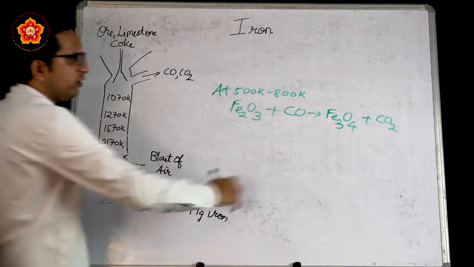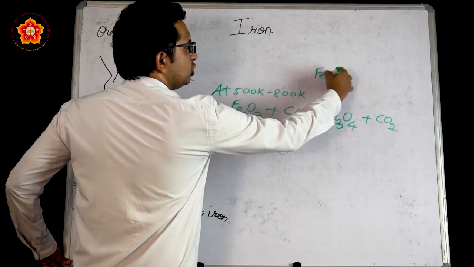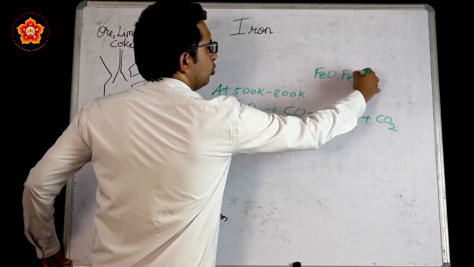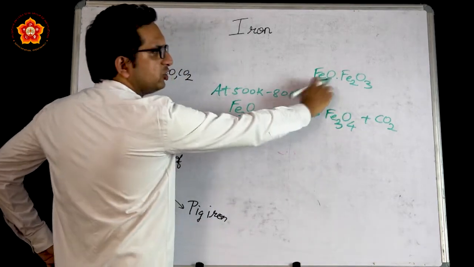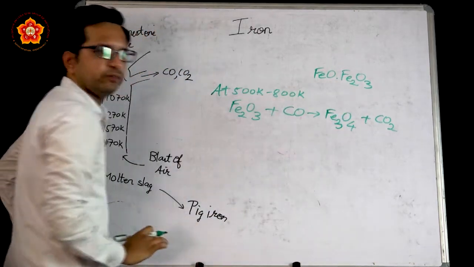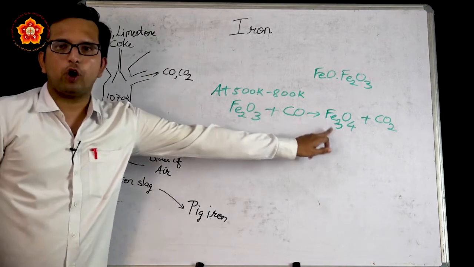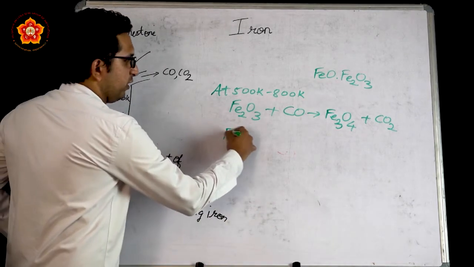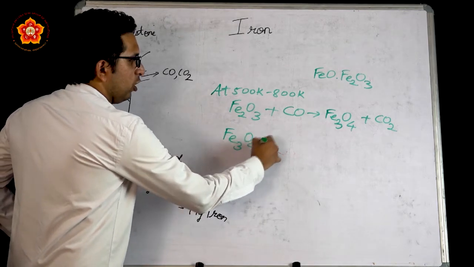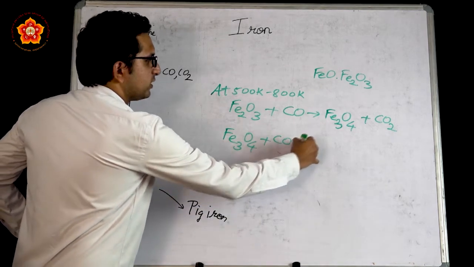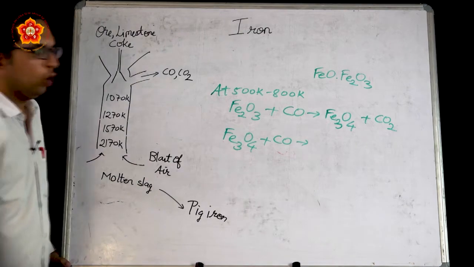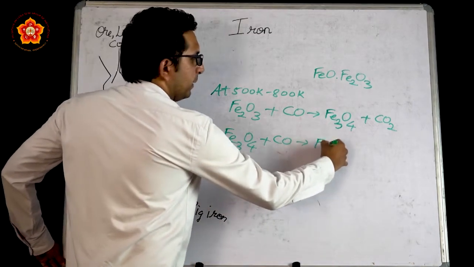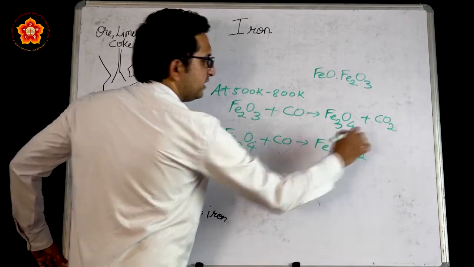So what is this Fe3O4? It's a combination of FeO and Fe2O3, where this is ferrous oxide and this is ferric oxide. So this product is a combination of those two. Now, this Fe3O4 will again further react with carbon monoxide to obtain iron metal and carbon dioxide gas.